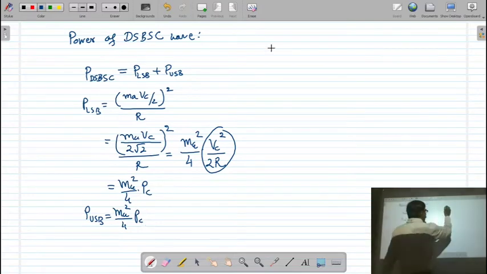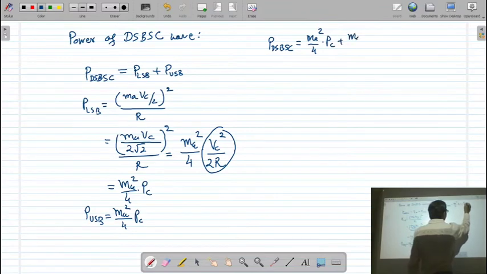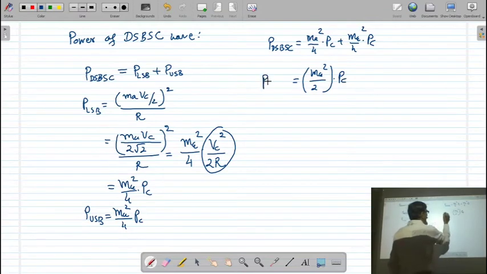So the power of the DSB-SC wave is ma square by 4 into Pc plus ma square by 4 into Pc, and ultimately this will come out to be ma square by 2 into Pc.